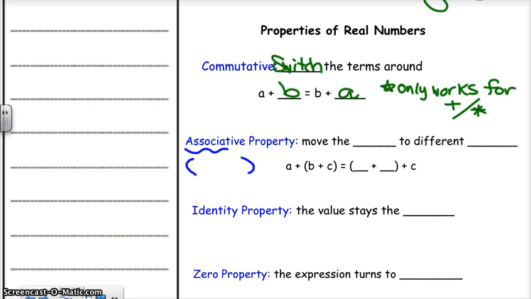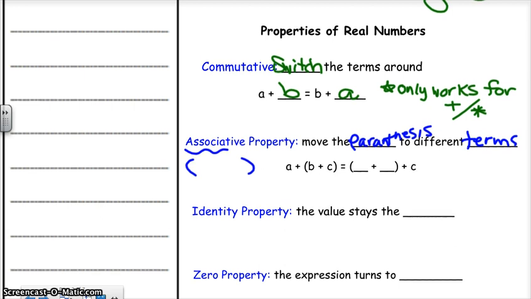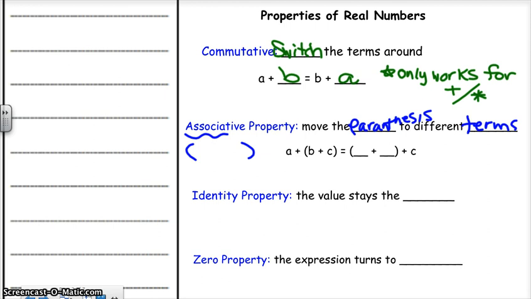So all we do is move the parentheses to different terms. Terms are parts of an expression. It's an A, it's a B, it's a C. You move it around, so it's becoming a new group. Different things need to be inside the group. Okay?